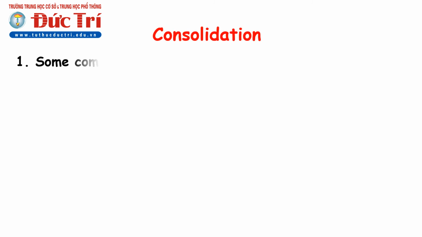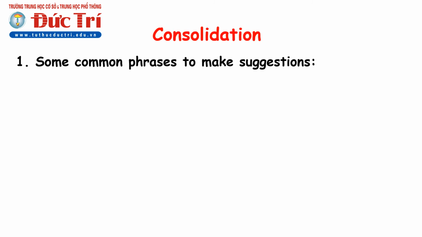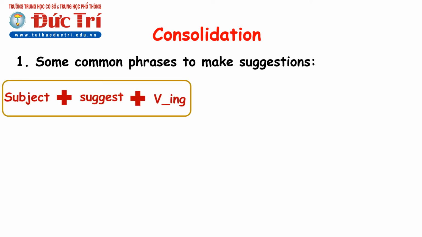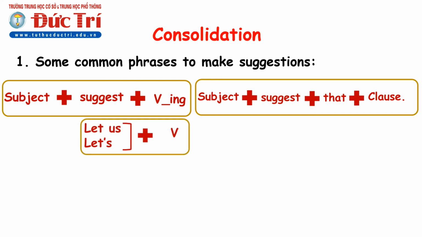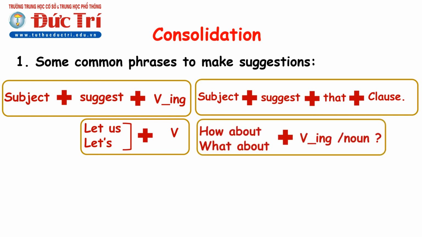Let's look back at the lesson. Some common phrases to make suggestions. Suggest goes with verb ing, or suggest goes with that and a clause. Besides, we have let us or let's with bare infinitive.